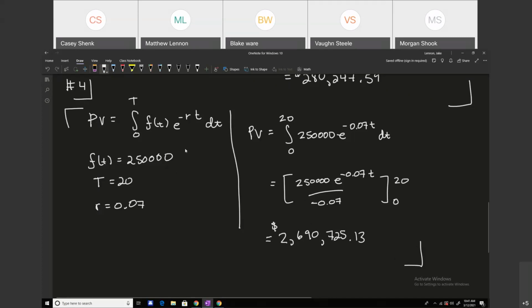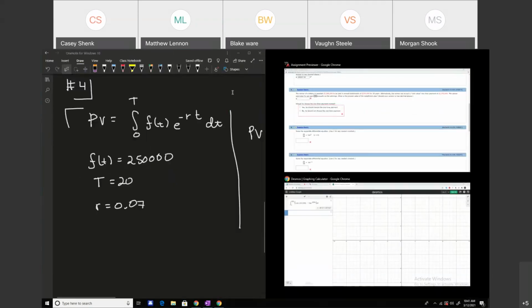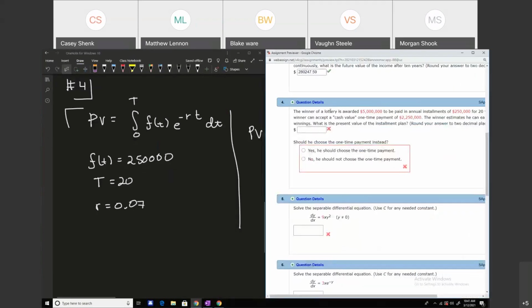If you invest with the payment plan, you're actually earning more in this scenario. But again, that's under the assumption that you can make 7% investing it per year. So no, he should not choose the one-time payment.